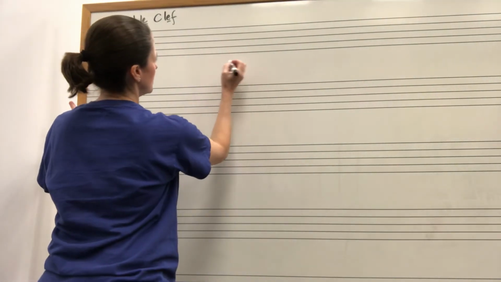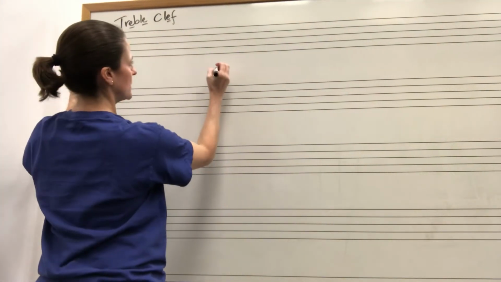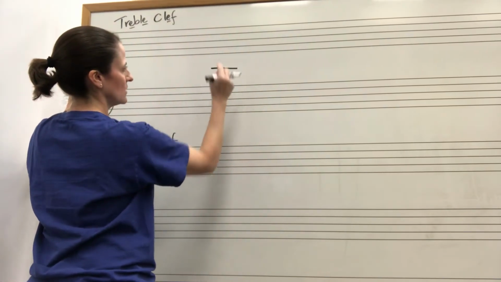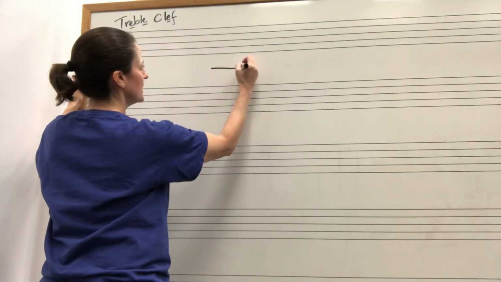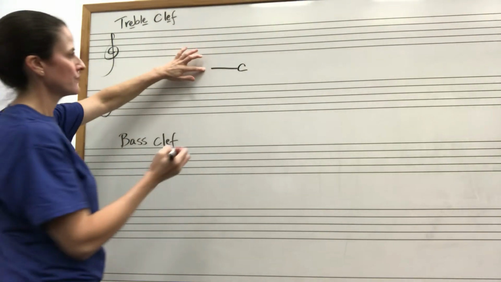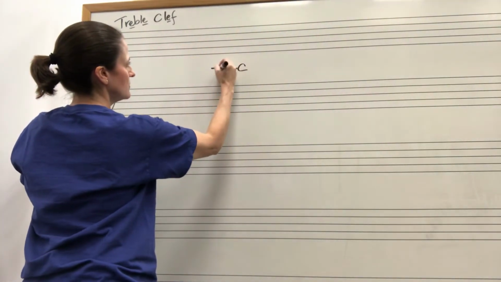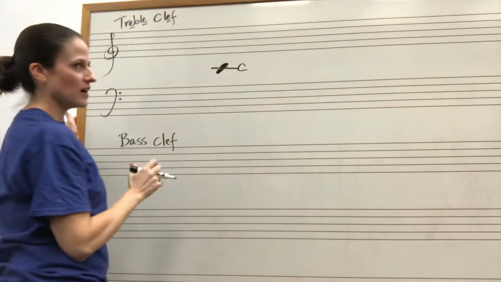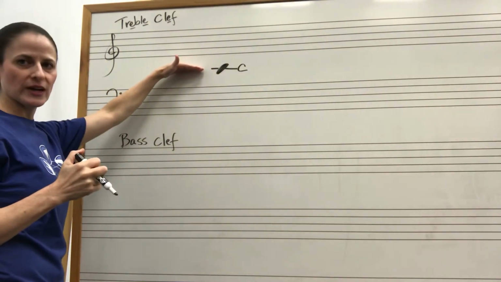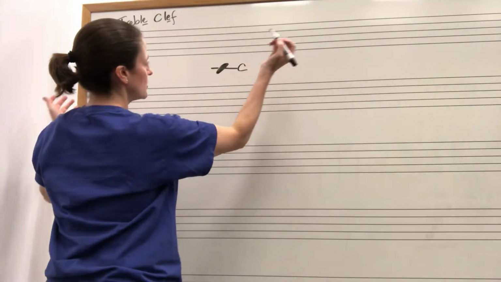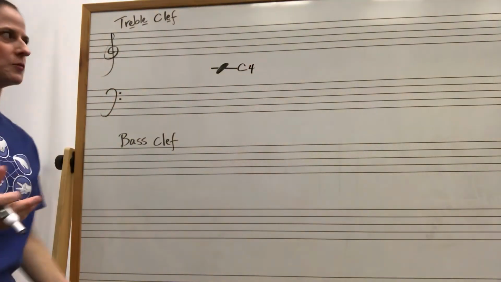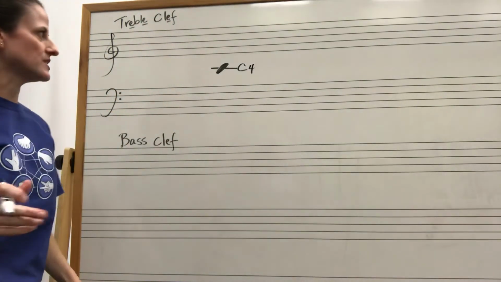If I put, and this is going to look really odd because there's so much space in between the two, but if I put one ledger line below my treble clef, which is one ledger line above my bass clef, that's C. And this is a shared C. So this note right here is the C above bass clef, it's the C below treble clef, and this would be referred to as middle C. We've also labeled everything on the keyboard, and so this would be C4, which I always think middle C, big explosion C4.